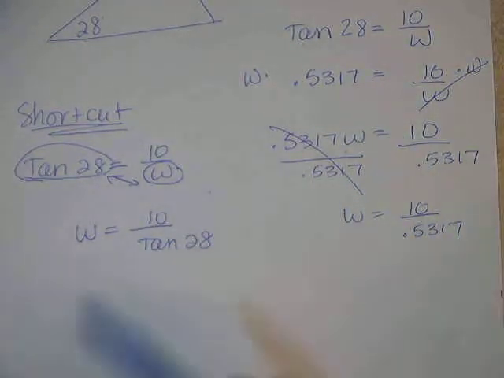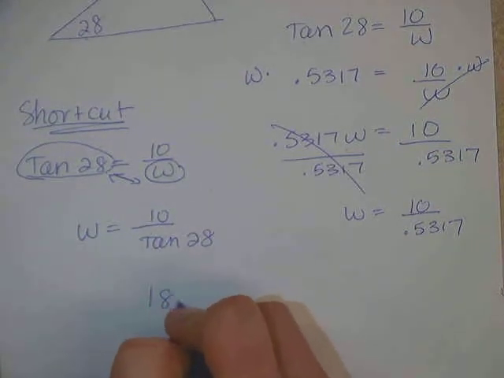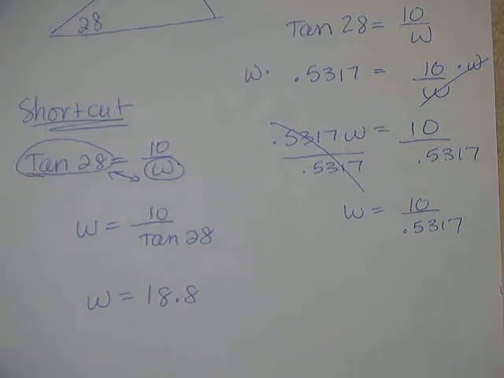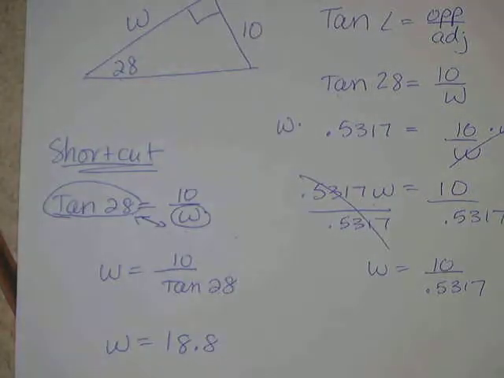Now, in your calculator, if you had the one where you were able to just plug everything in, you would do 10 divided by the tangent of 28. And what you should end up with is 18.8, which is a side length. So look at your original picture.